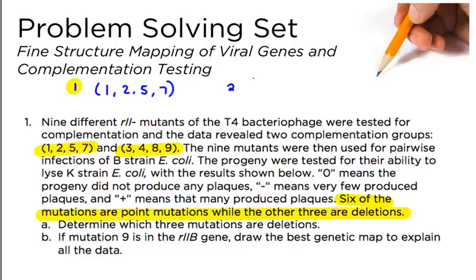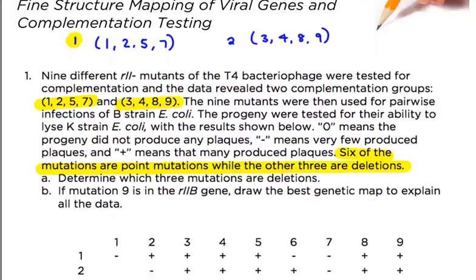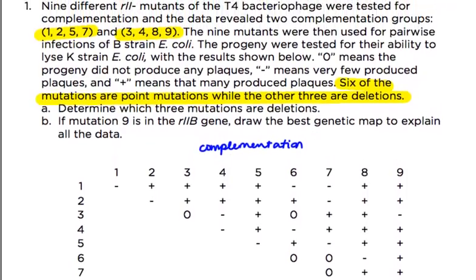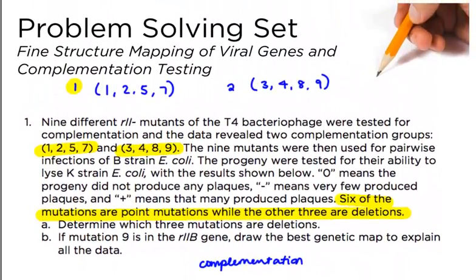And gene 2 has mutants 3, 4, 8, and 9. Then what is shown below is the complementation data, and the units that they used are 0, dash, and plus.